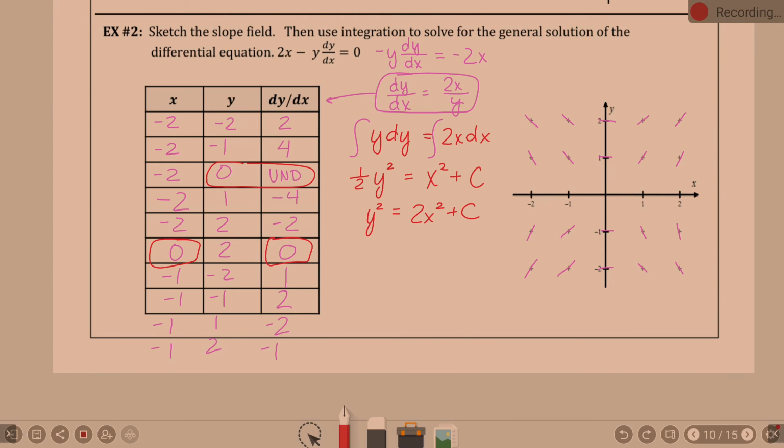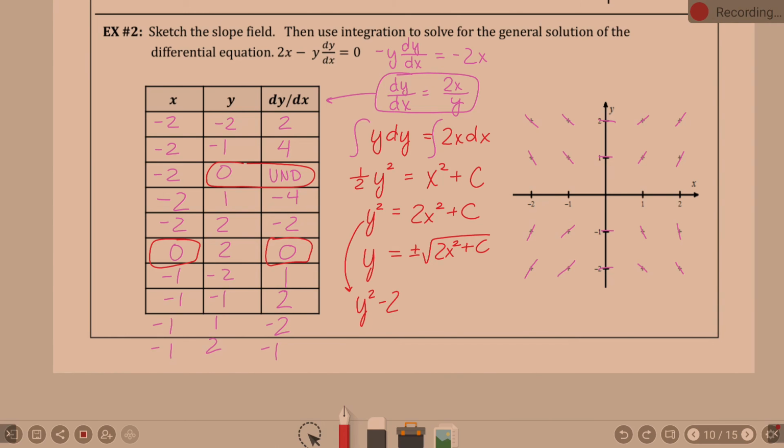If you solve it this way and make it y equals, it's y equals plus or minus the square root of 2x squared plus c, which doesn't do quite as much for me. The other one figured it out a little bit for me. So I'm going to go back to this one. I like it better.